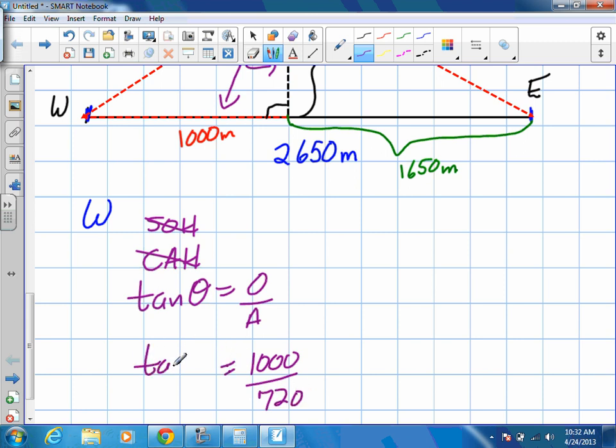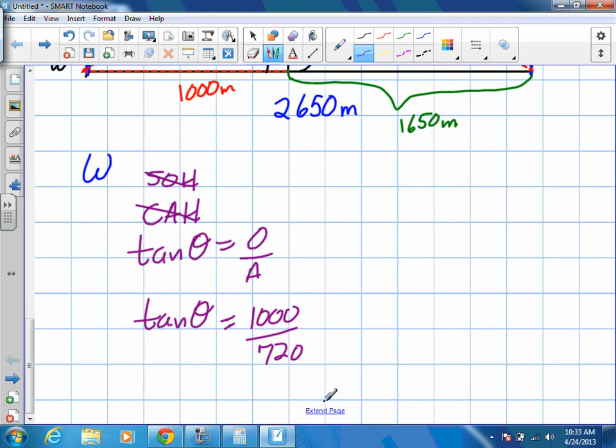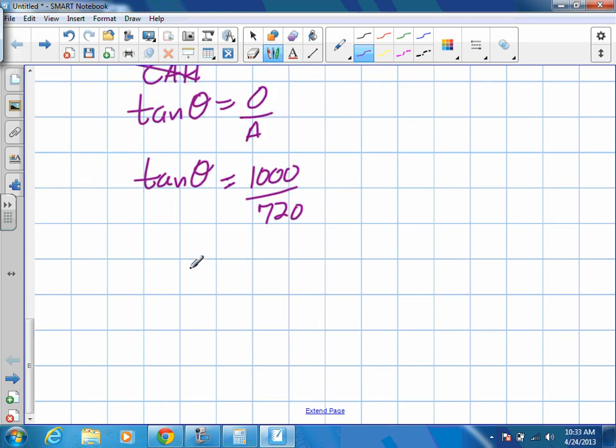Remember, we're finding theta itself. So what do we need to move to the other side? Tangent. And when we move tangent to the other side, it becomes inverse. Okay? So tan inverse, using the value of 1,000 divided by 720.